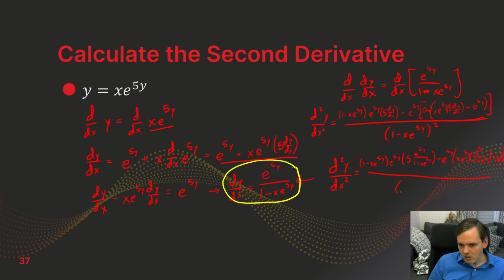All over 1 minus x e to the 5y squared. Not pretty, not super fun.